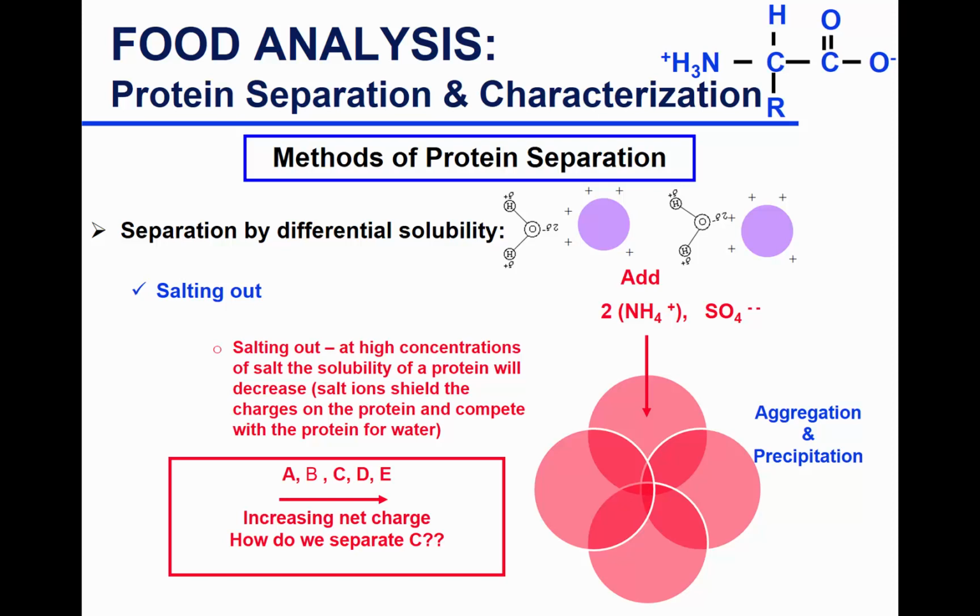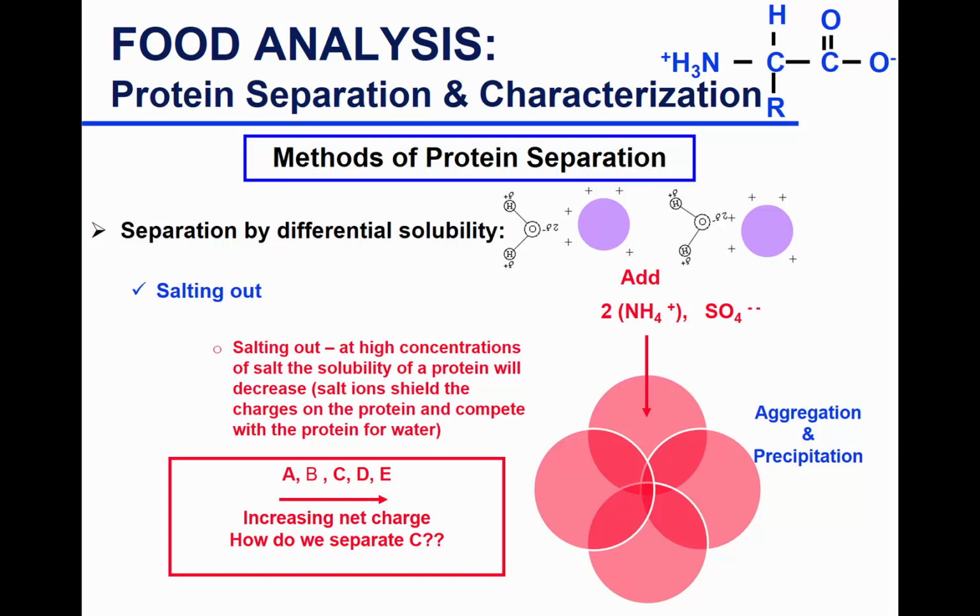You should know all the proteins and all the charges, and you will start with different concentrations of salt to know that A and B will precipitate, while C, D, and E stay in solution. Because these have lower charges, they will precipitate at a lower concentration of salt. So A and B will precipitate, and then you'll have C, D, and E in solution.